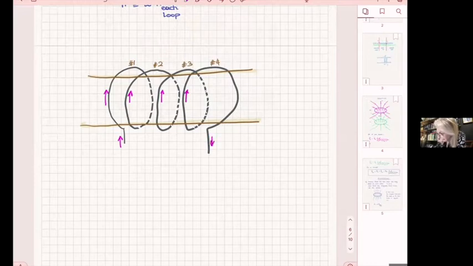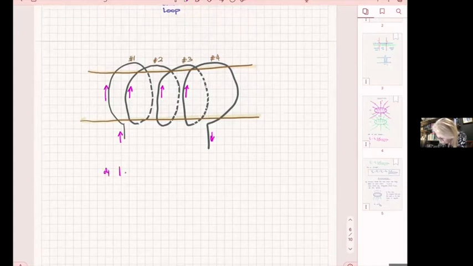So practically, it's like you have 4 loops, not 2, that we had before, but four loops where the current that flows is identical, all right? Assuming that you don't have any losses.